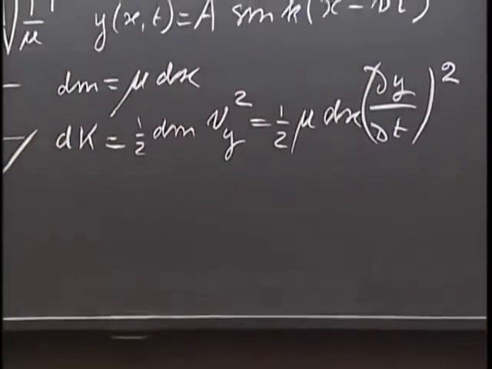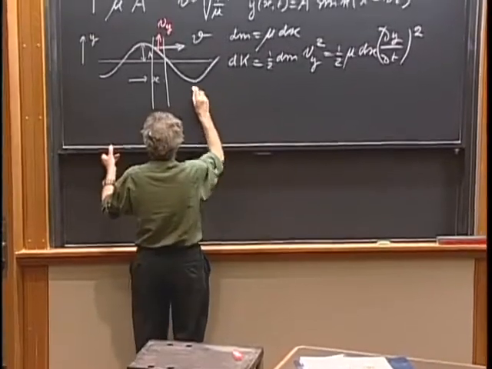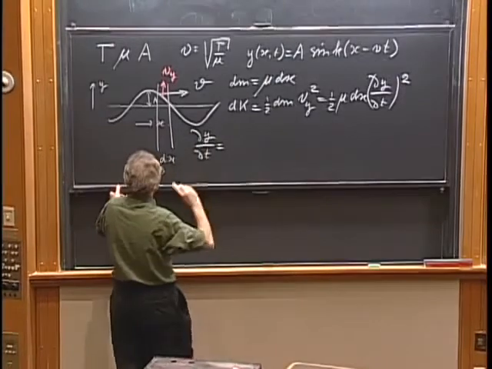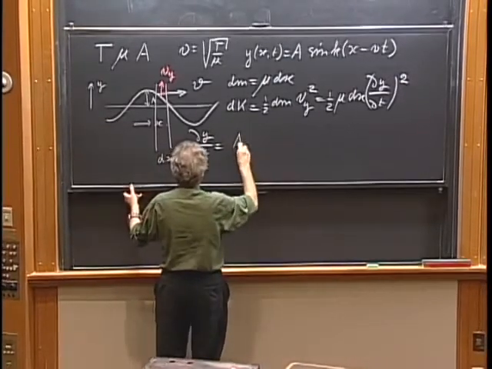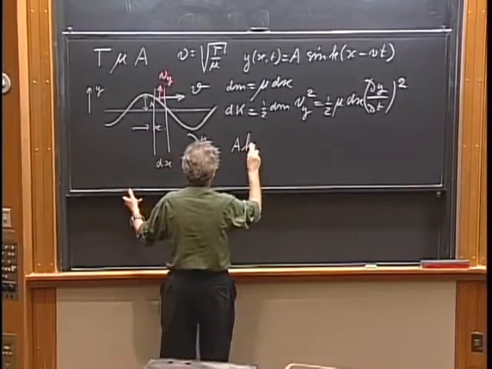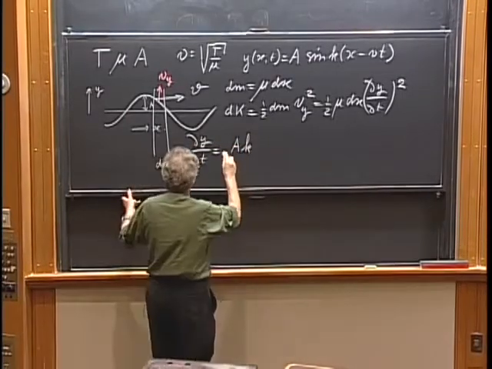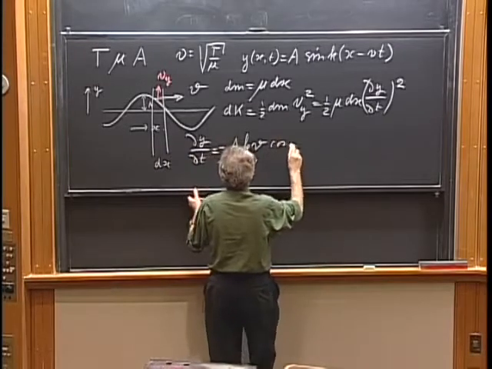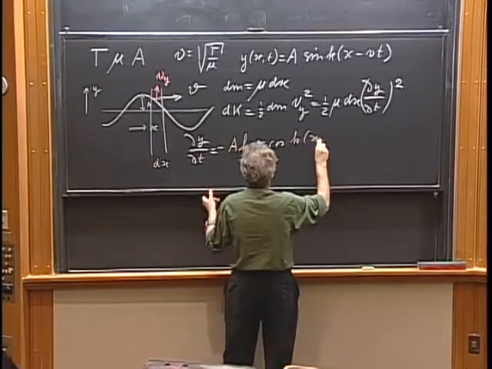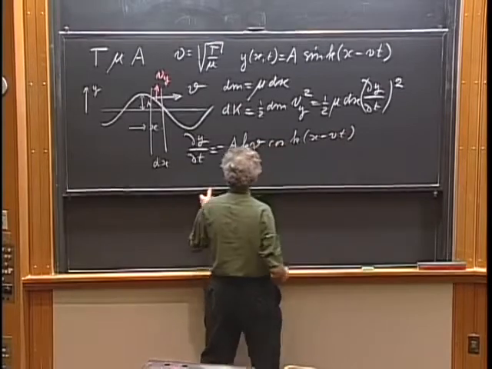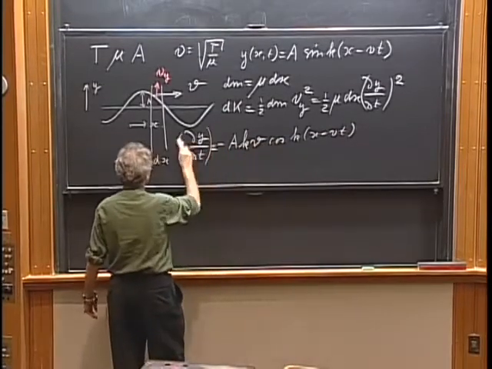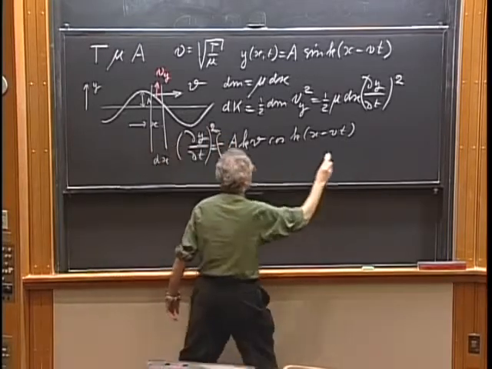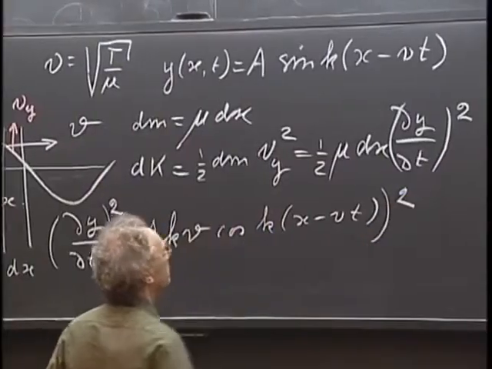Well, that's easy because we have the function there. So dy/dt equals, first I get A, then out pops a k, then out pops the minus v, and then the sine becomes a cosine: cosine of k times (x minus vt). But I have to square that. So I have a square here, and I get a square here.